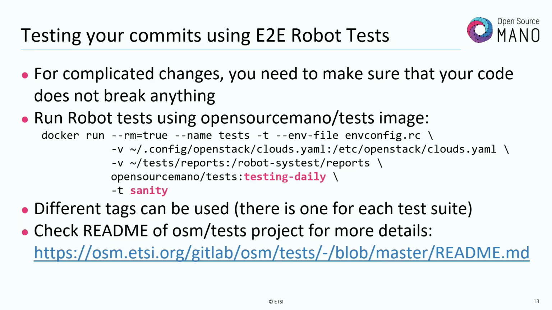The image is under the OSM open source manual tests, and we can call this with the testing daily tag. We can run a Docker container by providing the environment config RC and the clouds YAML. Then we can run the sanity test, which validates that your change does not break anything, and that your end-to-end robot tests pass by running those containers.